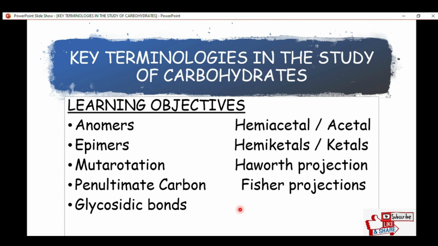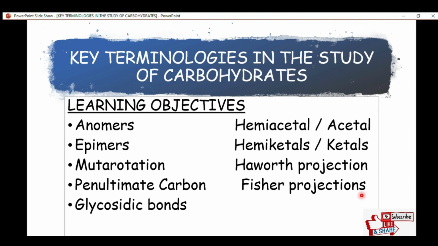That's lesson 3. If you've not studied lesson 3, you can check the description below and find the link, so that you can go back and learn before you acquaint yourself with this new topic. We are going to talk about anomers, epimers, mutarotation, penultimate carbon, glycosidic bonds, hemiacetals, hemiketals, Haworth projection, and Fischer projections.